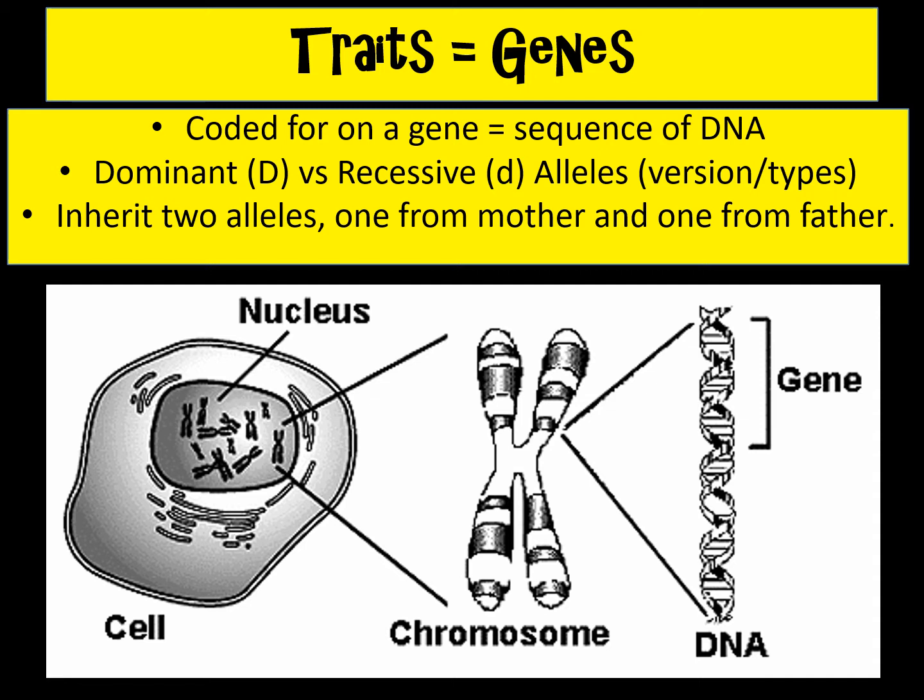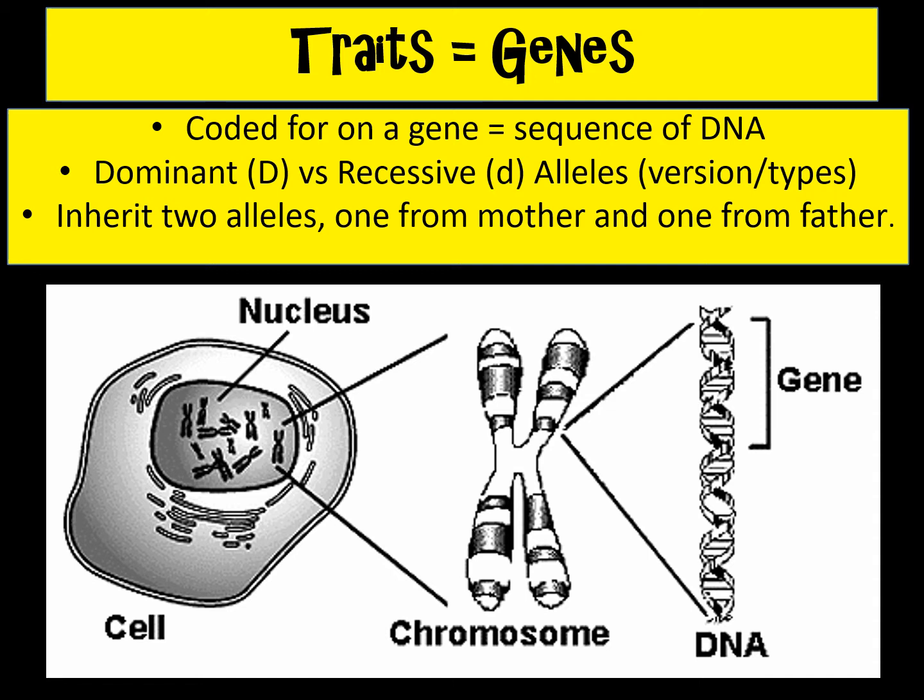It really just depends, and it's totally random what you inherit. Now, you will usually only inherit two alleles, one from your mother and one from your father. So again, a gene is simply a sequence of DNA, and there are different versions, and those versions are what we call alleles, and there are dominant ones and recessive ones.